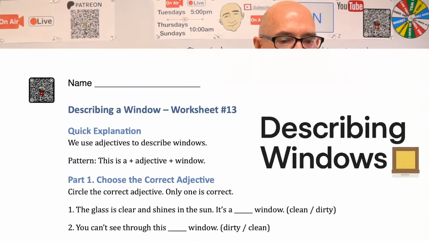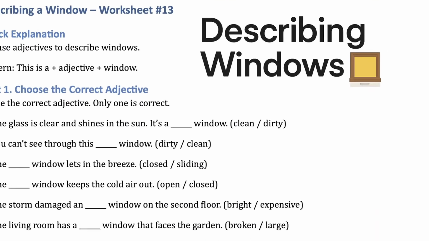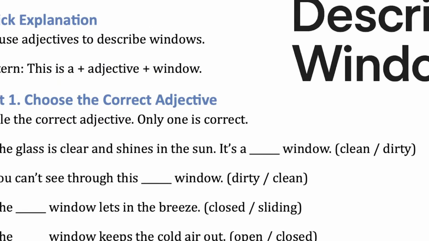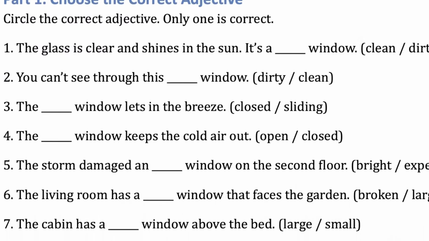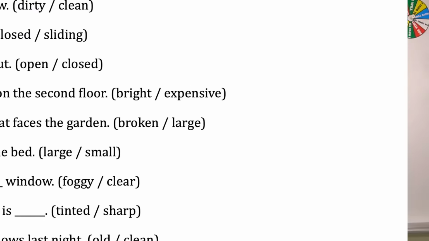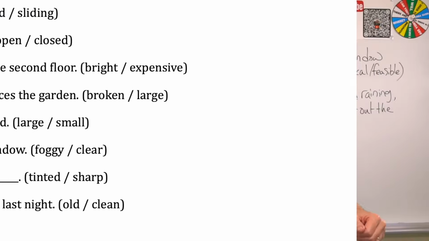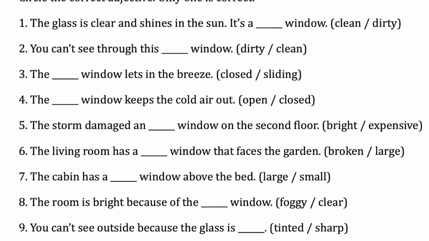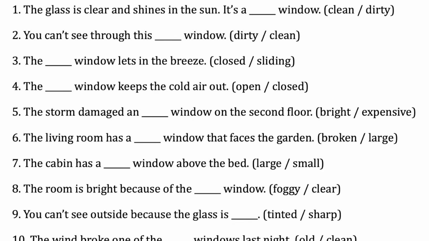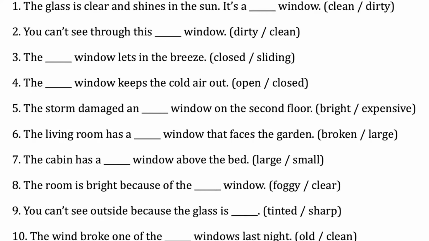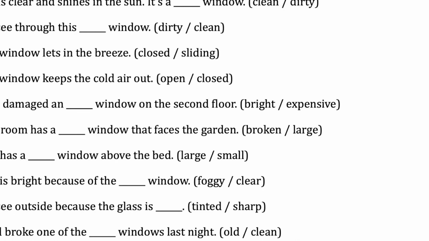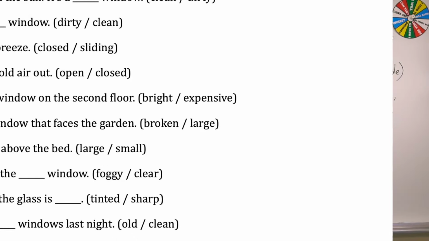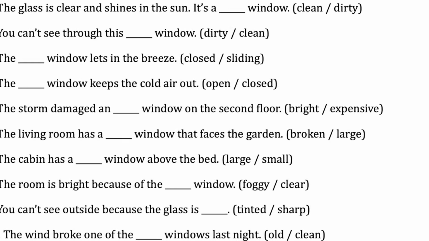Here we go. Describe windows. Okay, here we got our sentences. Whoops, too big. I know a lot of you are using your phones, so I'm trying to make it large for you. Just a little bit smaller.